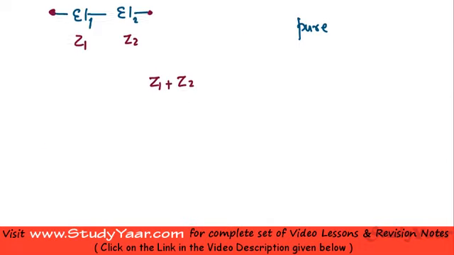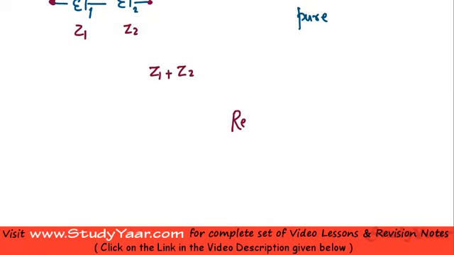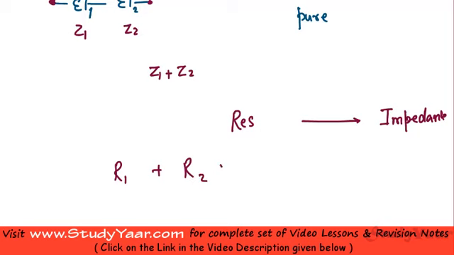So whenever you have resistance in a DC circuit, you have an analogy in an AC circuit, which is impedance. Series connection of resistance is R1 plus R2 plus R3. Similarly, series connection of impedance is Z1 plus Z2 plus Z3.